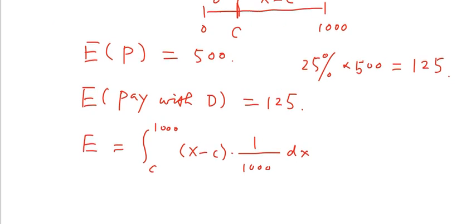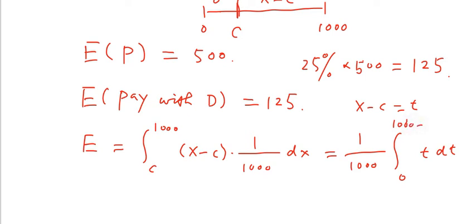There's a constant, we just take it out. For this integration of x minus C dx, we can separate, but the best way is just to use substitution. We let x minus c equal t. So this becomes t dt, and t goes from 0 to 1000 minus c, right?